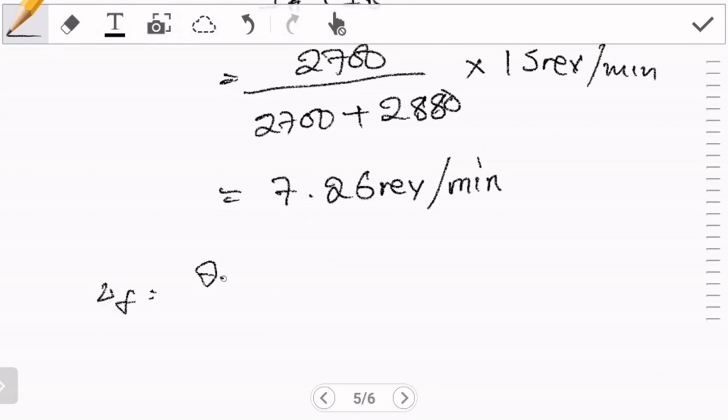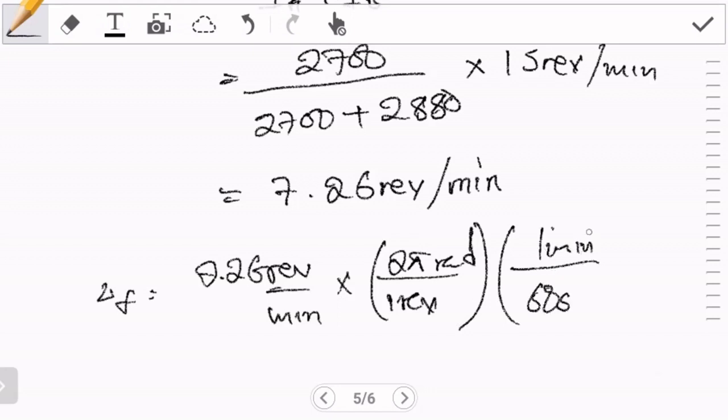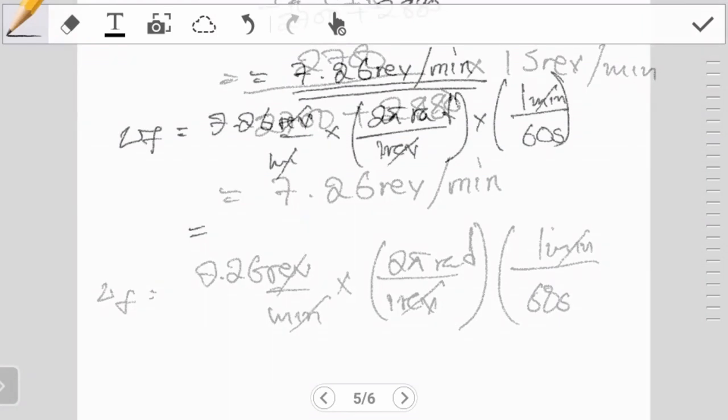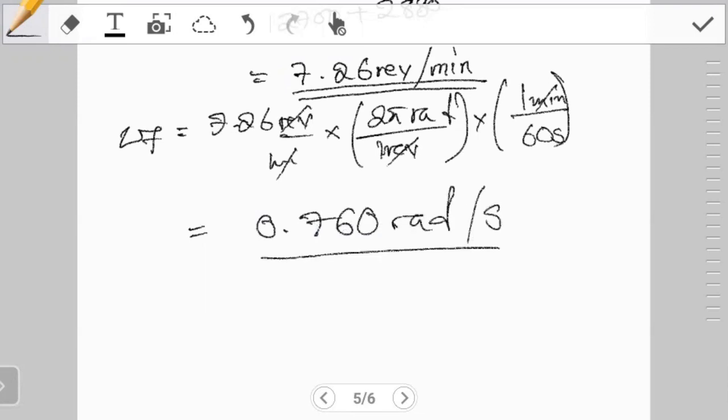That's 7.26 revolutions per minute, and again, as always, this is times 2 pi, and then times 1 minute over 60 seconds. So this cancels with that, and you get 0.760 radians per second.